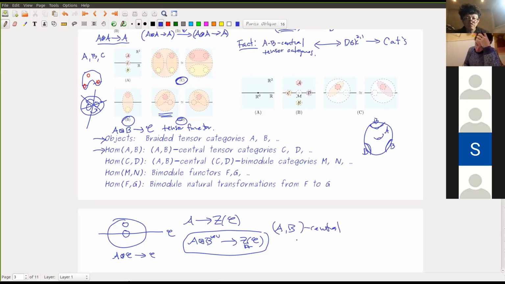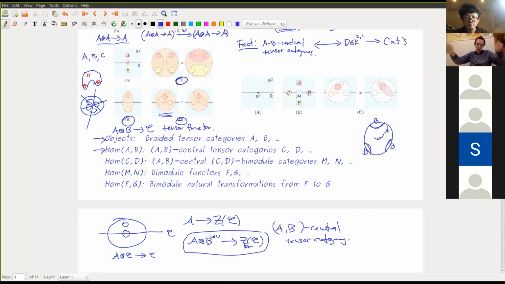Tensor category. Okay, so those form the one morphisms in our category. And what you should think is that if you had an associative algebra, then the right notion of morphism between two associative algebras, if you're thinking about Morita theory, would be a bimodule.